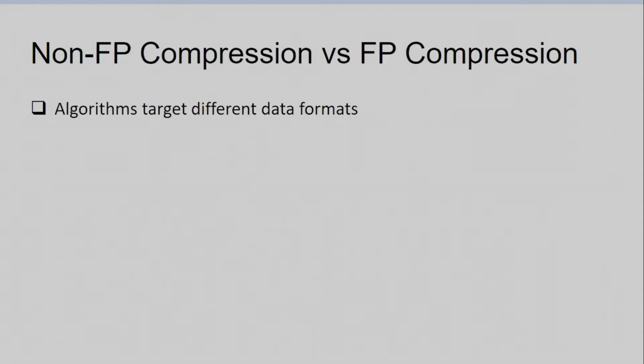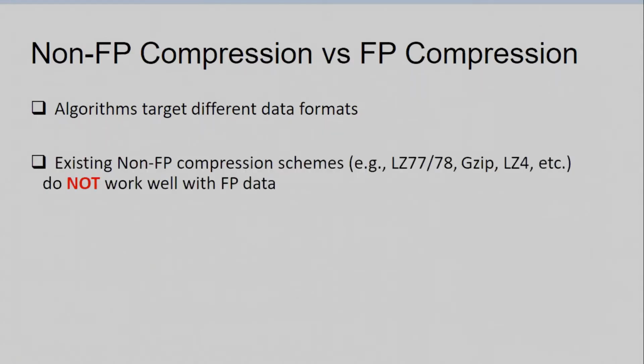Typically, compression algorithms can be categorized into two classes, non-floating point ones and floating point ones. They usually target different data formats. One fact is that existing non-floating point compression schemes, such as LZ77, LZ78, gzip, LZ4, and so on, do not work well with floating point data.